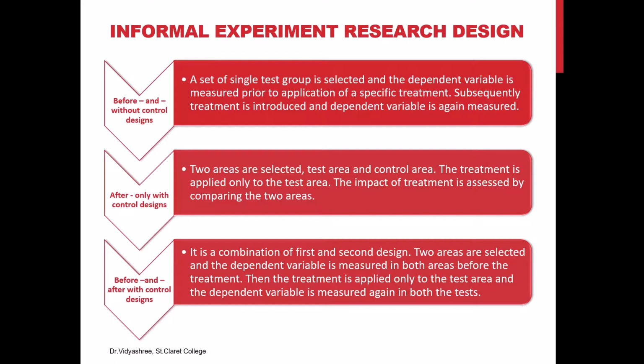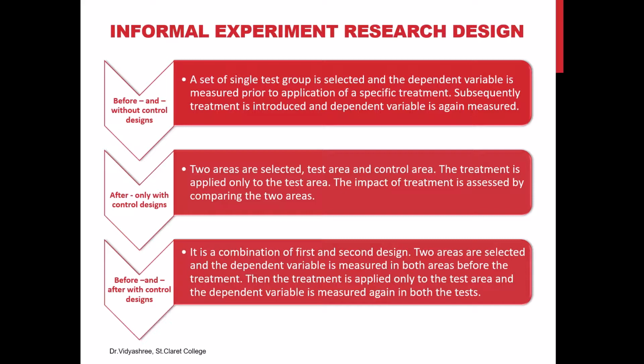Under informal experiment research design, let's understand the first type, that is before and without control design. Here, the researcher is going to select a single test group. For that, he is going to measure the dependent variable before he applies a treatment. After he applies treatment also, he is going to measure the dependent variable.